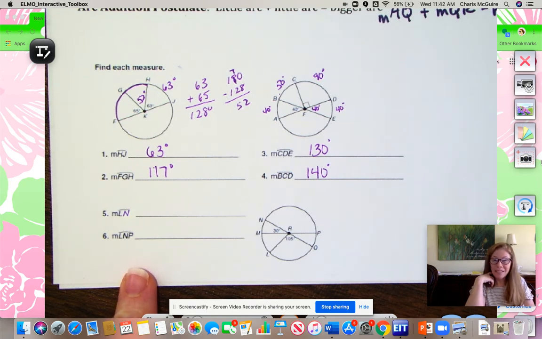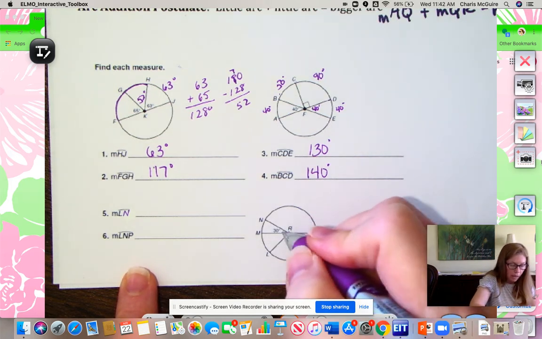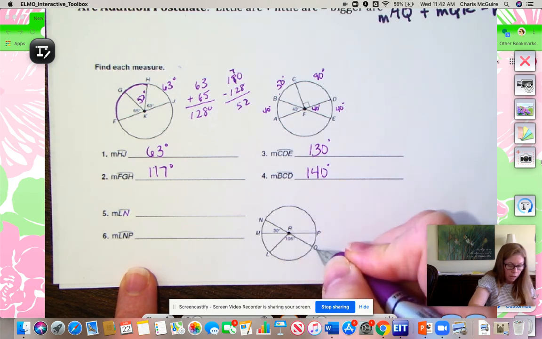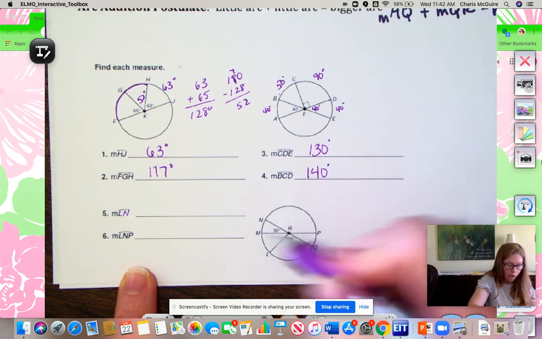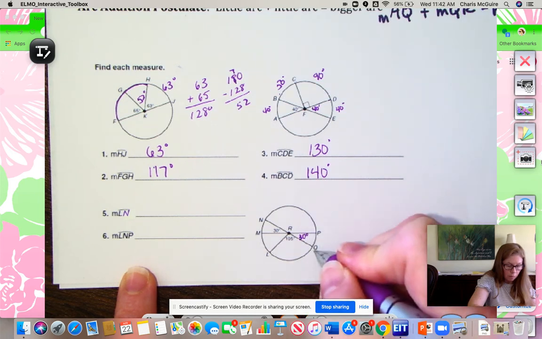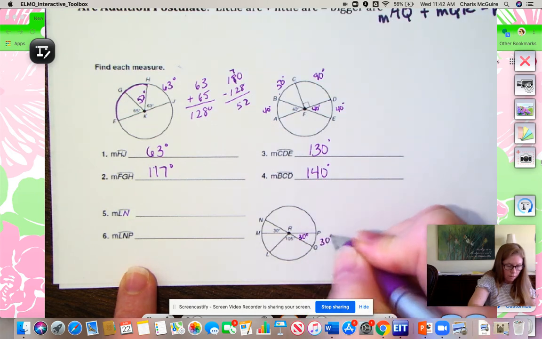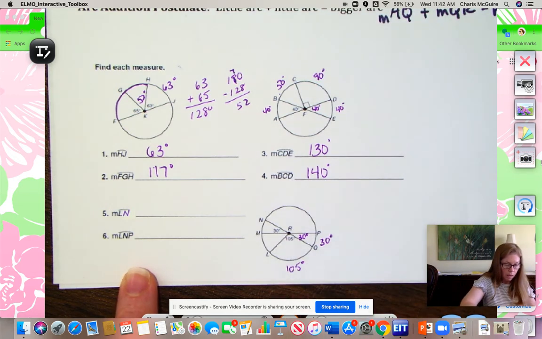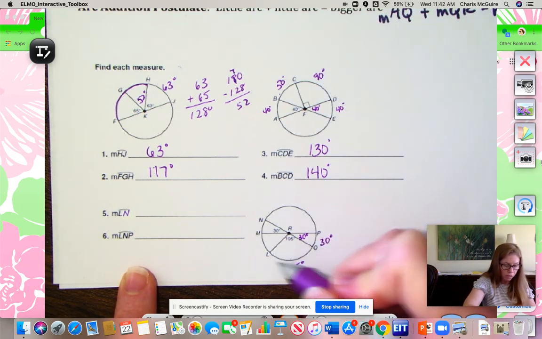All right, did you get 75 degrees? I hope so. There's a couple of different ways to do this one. The way that I went about it is I said to myself, okay, I've got some vertical angles happening here. PRQ is vertical to NRM, which means this is 30 degrees, which means arc PQ is 30 degrees. Arc QL is 105, and this gives me 135.